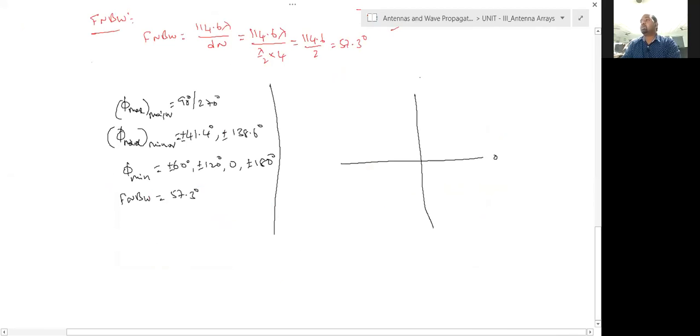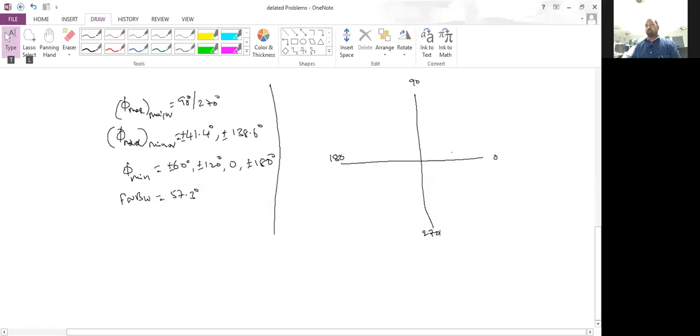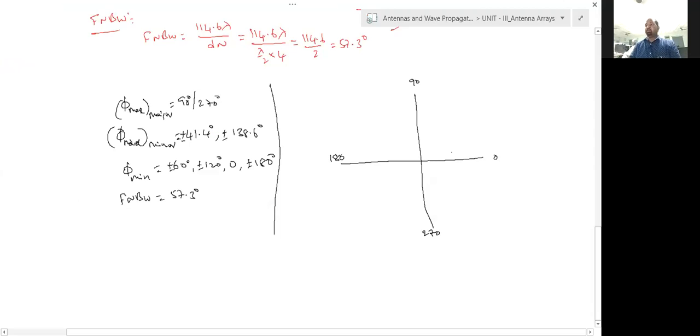So 0 degrees, 90 degrees, 180 degrees, 270 degrees. And the maximum directions of the major lobe are along what? 90 degrees and 270 degrees.